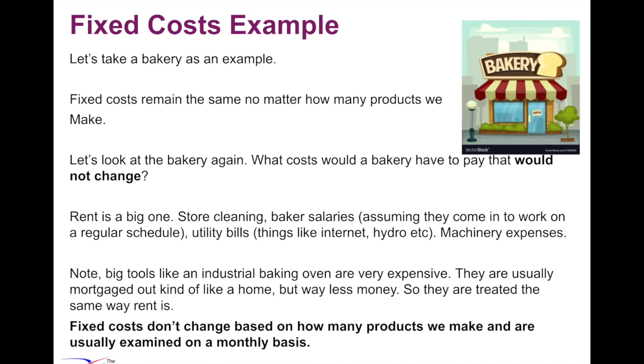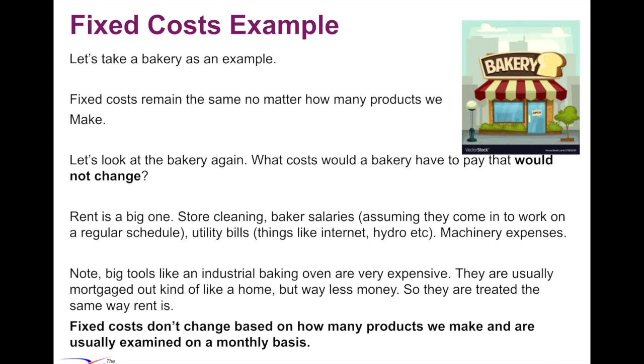Things like utility bills. So things like internet, hydro, your electric utility bill would be untouched. You'd still have to keep the lights on 12 hours a day, let's say, right? You wouldn't turn the lights off if you're not baking as much bread, because your employees still need to see, right?